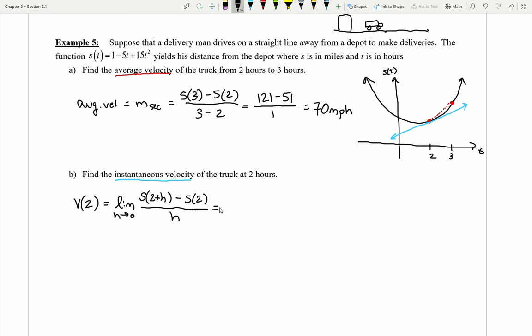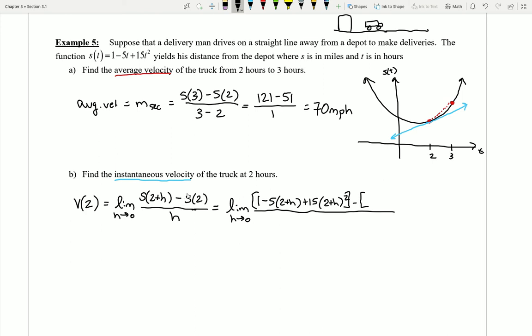Now, to figure out what this would look like, I'm going to have to set this up. This is probably going to be a little bit ugly. I have to plug 2 plus h in for all of the t's. So I'd have 1 minus 5 times (2 plus h), plus 15 times (2 plus h) all squared, and then minus, and remember, I'll have to group these things together.